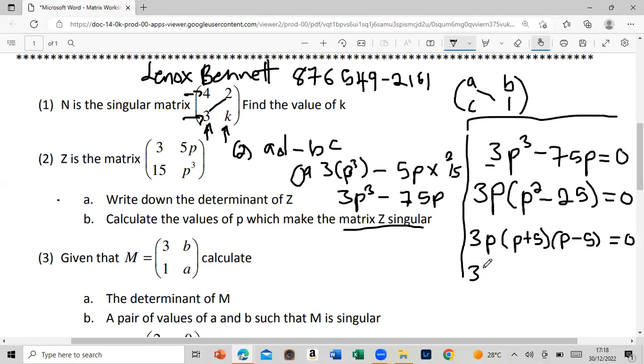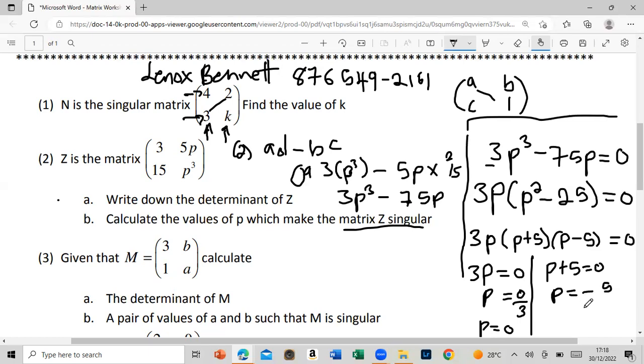When 3P equals 0, P is equal to 0 divided by 3, which is also 0. So the first one is P equals 0. For the next one, when P plus 5 is equal to 0, P is equal to minus 5.